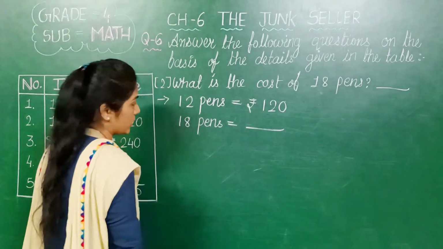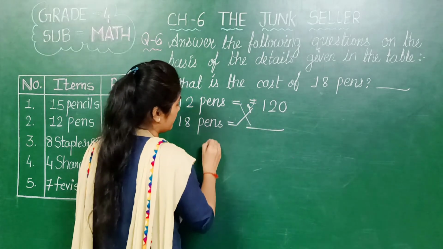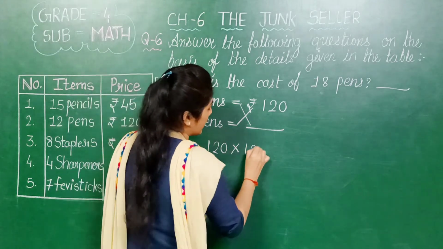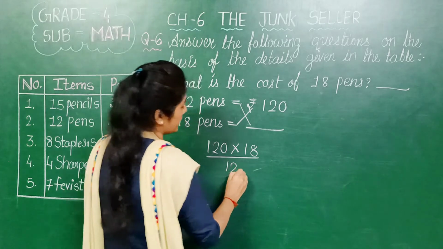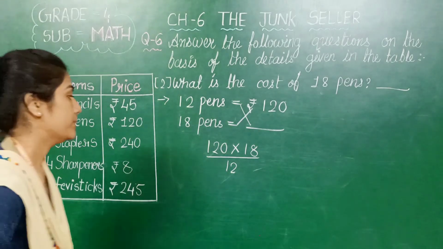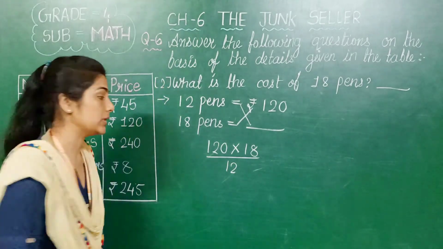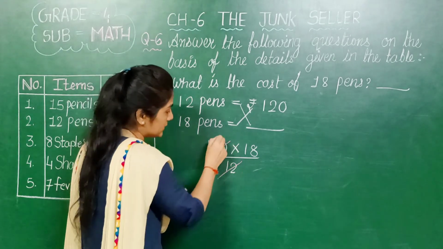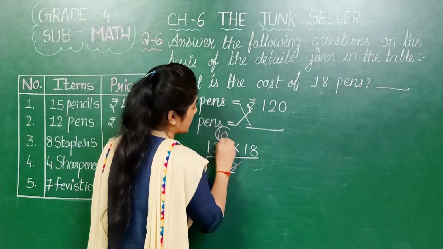Similarly, cross multiplication we have to do like this. 120 will multiply with this 18 and be divided by 12. This is our step, and likewise we can do the sum. Now which number is divided by 12 easily? 120 is in the table of 12: 12 tens are 120.